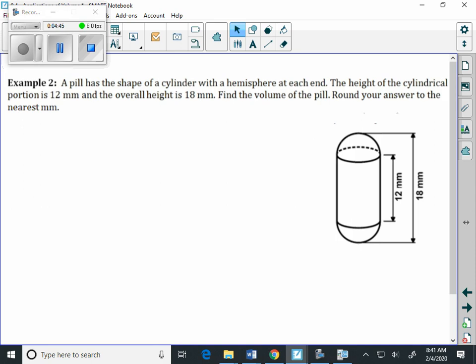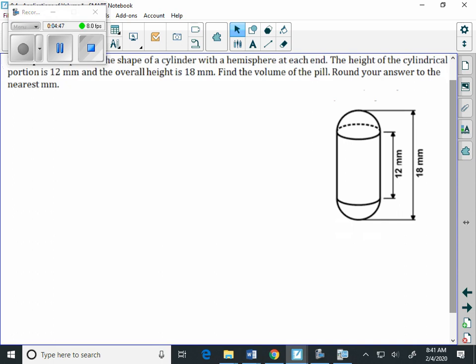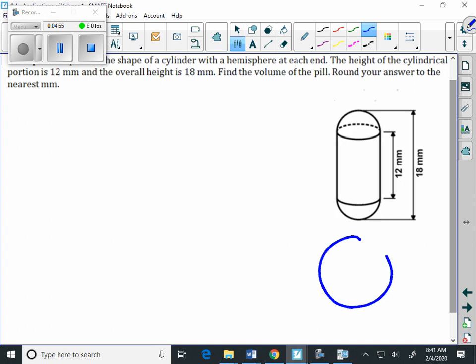Well, first of all, what I want to take a look at here is that the half sphere on top and the half sphere on the bottom form the whole sphere. They form a sphere.